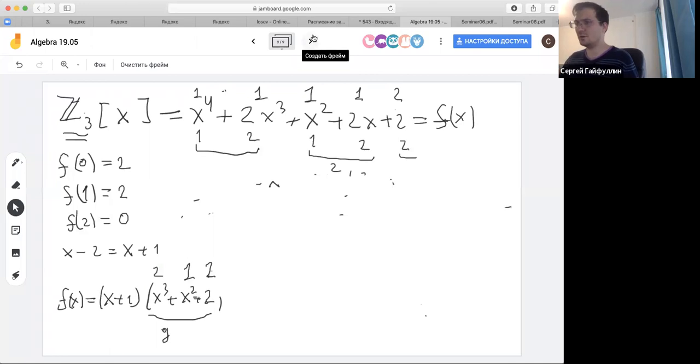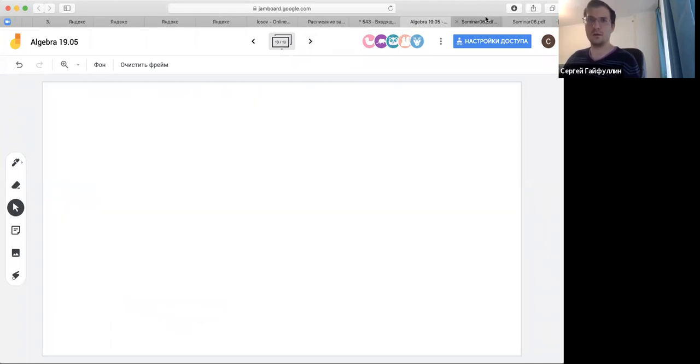So G is irreducible because it has degree 3, and it has no roots. So this is the answer. Okay. If you have some questions, please ask.